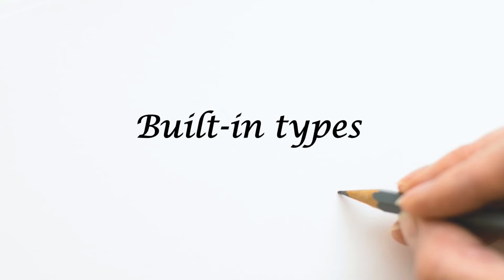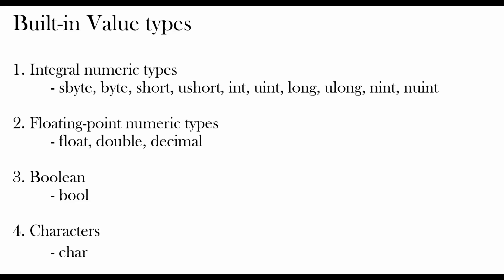In this video, we shall know the different built-in data types available for different categories of data. C# provides built-in value types for 4 categories of data: integral numeric types, floating point numeric types, Boolean, and characters.